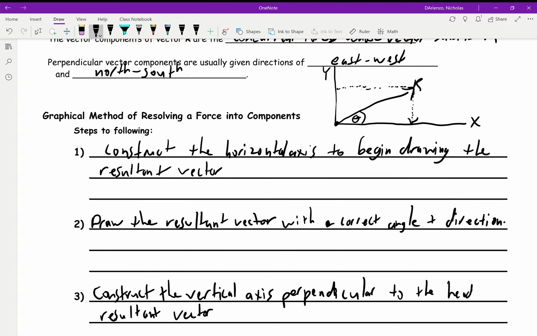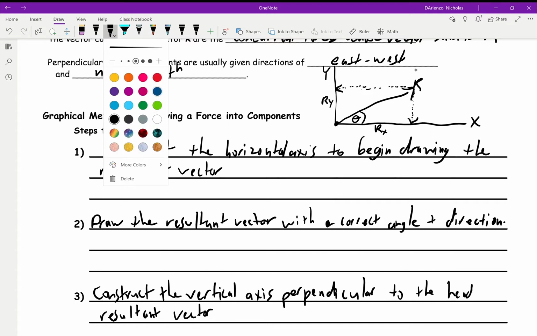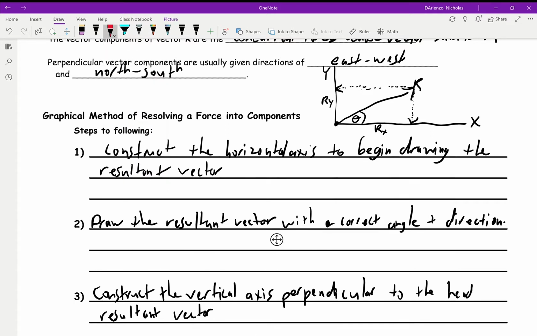And this is essentially the point, or the magnitude of the components of R. We would call this the x component of R sub x, and the y component of R sub y, where the distance from the origin up to our perpendicular component there of our resultant would be the components of R in the x direction and in the y direction.